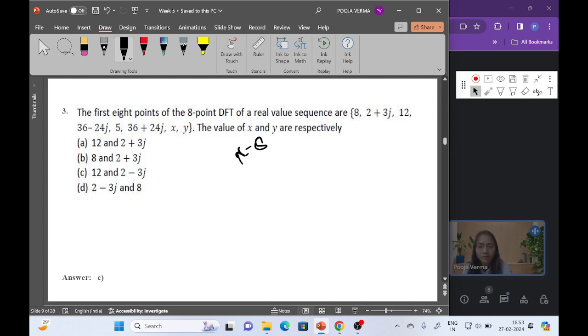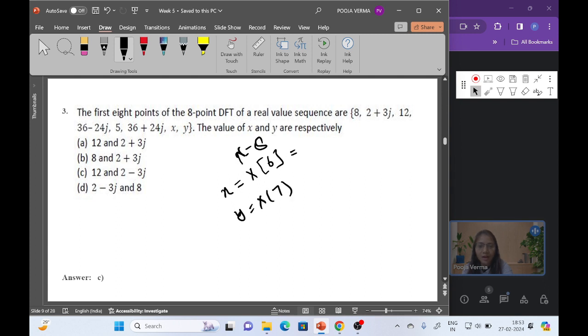Already we know the values at 0, 1, 2, 3, 4, 5. We don't know the 6 and 7 values. The 6th value is x, so we need to find X(6), and y is equal to X(7).